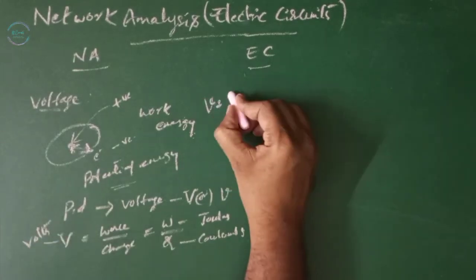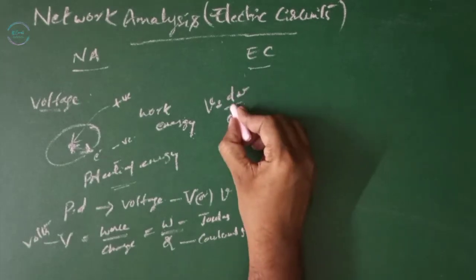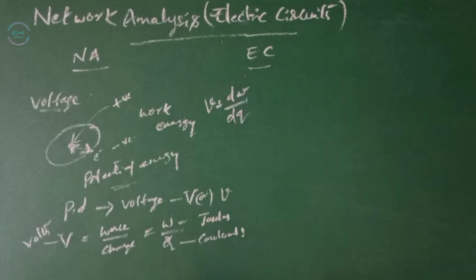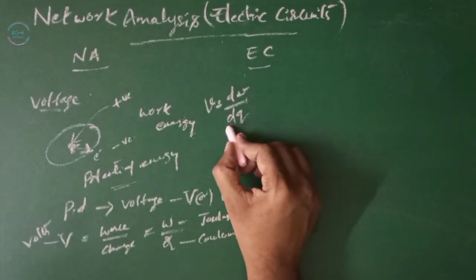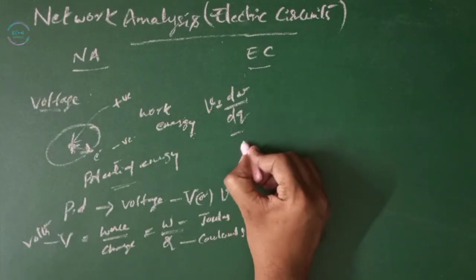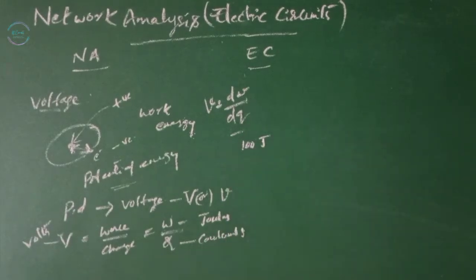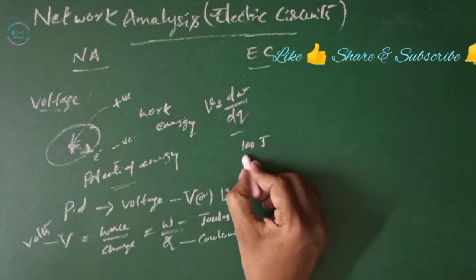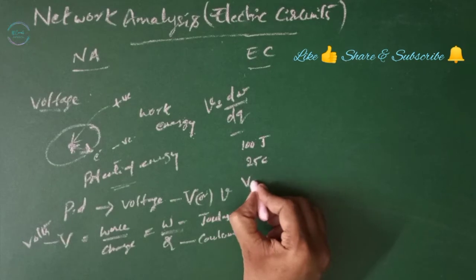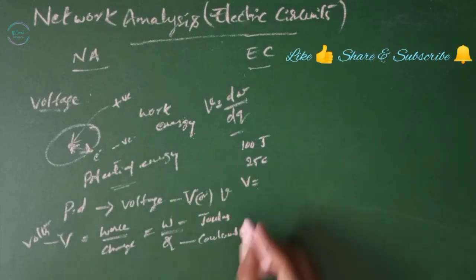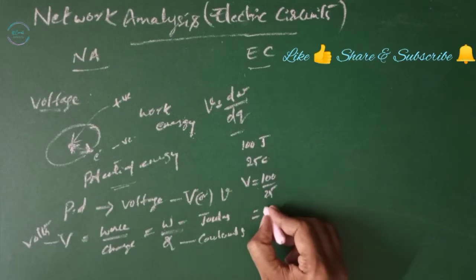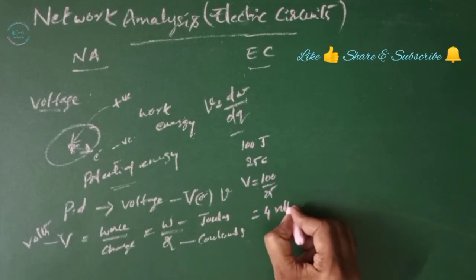Small v equals dW by dQ, where dW is a small change in the work or energy, and dQ is a small change in the charge. For example, if you have 100 joules of energy available for every 25 coulombs of charge, then the voltage or potential difference is 100 by 25, which equals 4 volts.